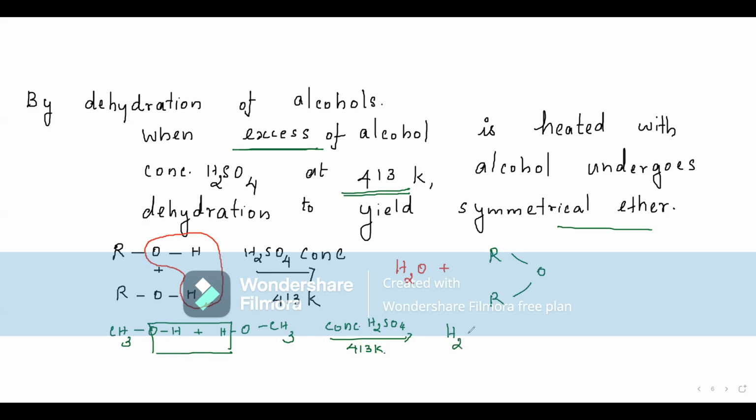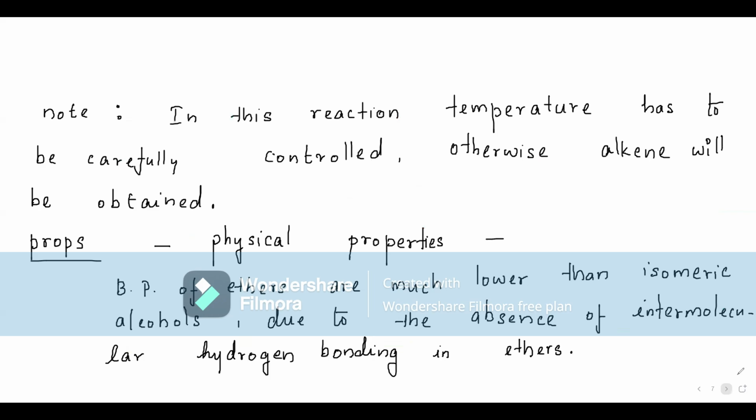H2O is a product, along with CH3OCH3. Now, one speciality of this reaction is you will be getting symmetrical ether. All right. So these are the different methods of preparation for ether.